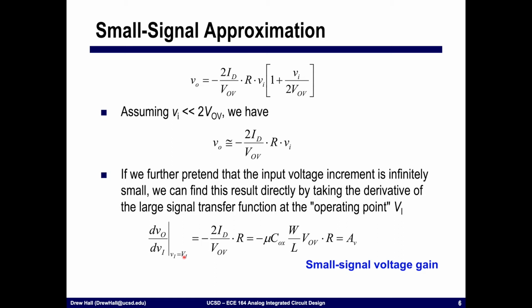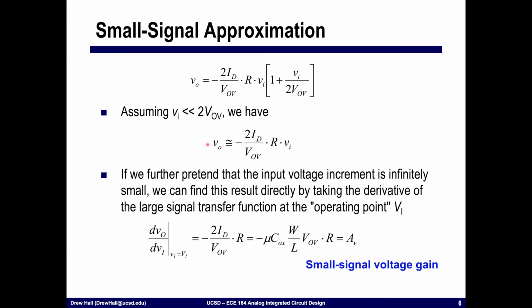You would simply take the derivative of the expression, and we would get this same term, that the gain was equal to minus 2ID divided by VOV times R. Which is exactly the expression that we got here using our alternative route.